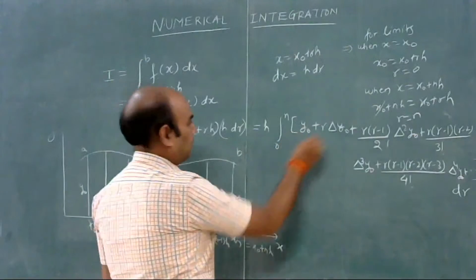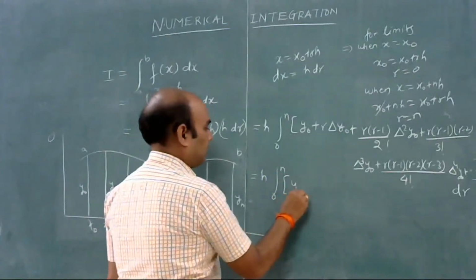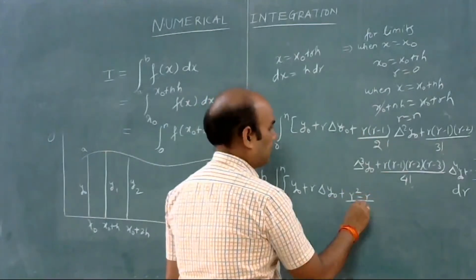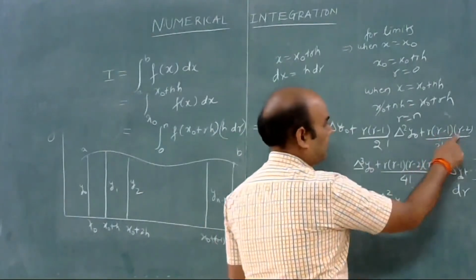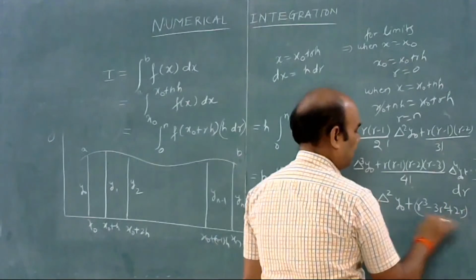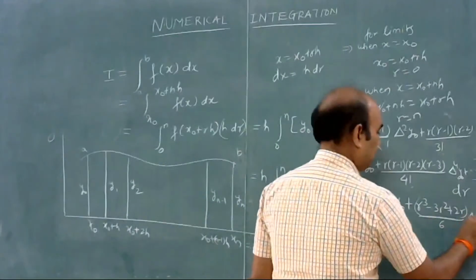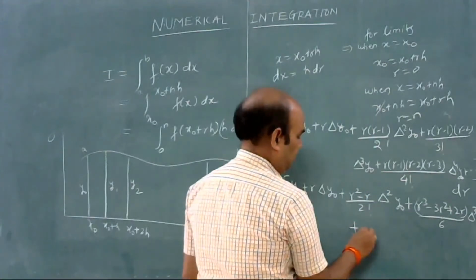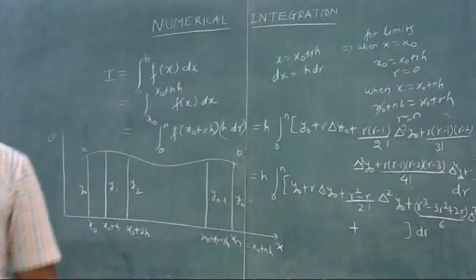This will be equal to h into, from 0 to n, y naught plus r delta y naught plus (r square minus r) by factorial 2 delta square y naught plus (r cube minus 3r square plus 2r) divided by factorial 3, which is 6, into del cube y naught, and so on. Okay, you can do it yourself.